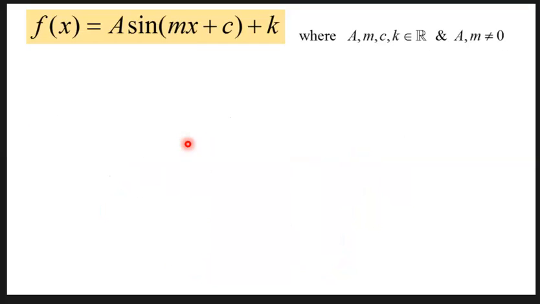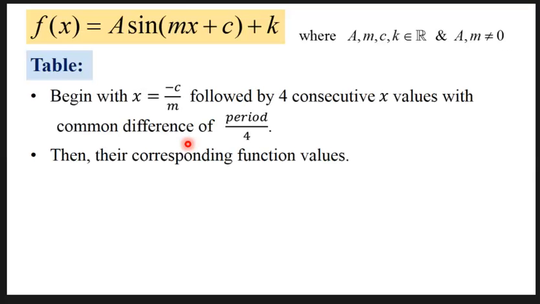Then we construct the table, which begins with the phase shift x = −c/m, based on the calculation taking mx + c = 0, followed by four consecutive x values with the common difference we calculated just now, the period divided by 4, and then we complete the corresponding function values in the table.